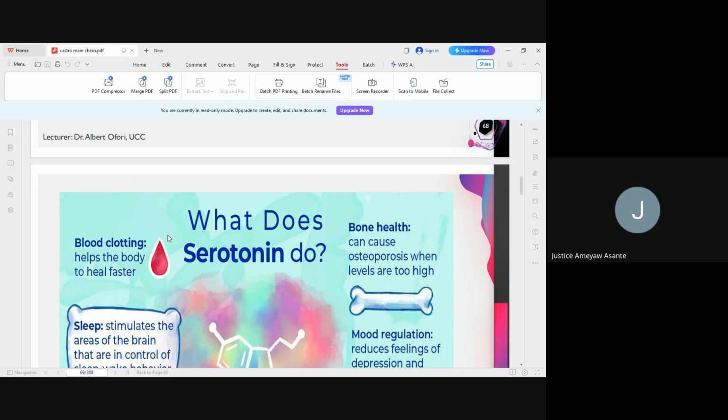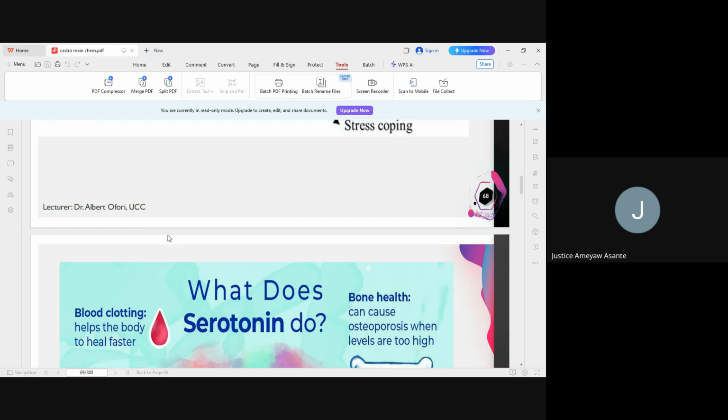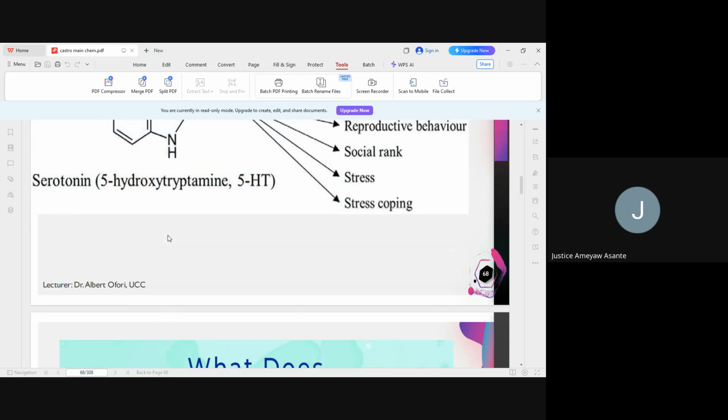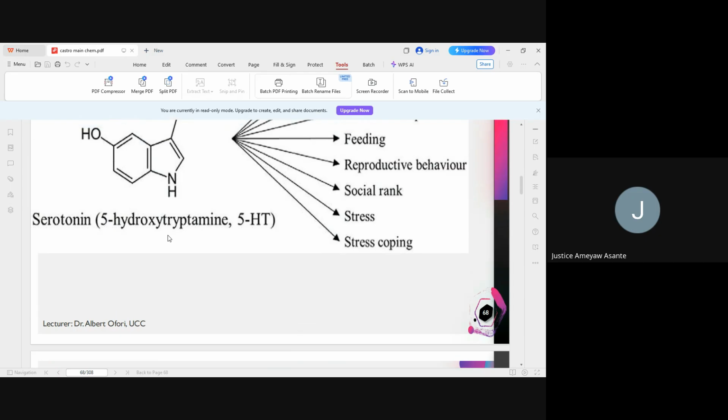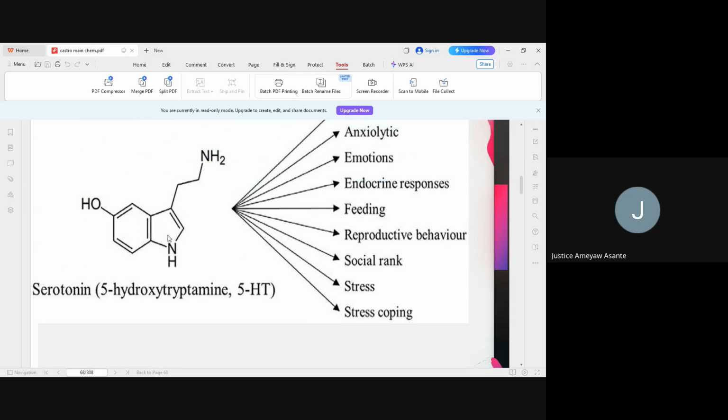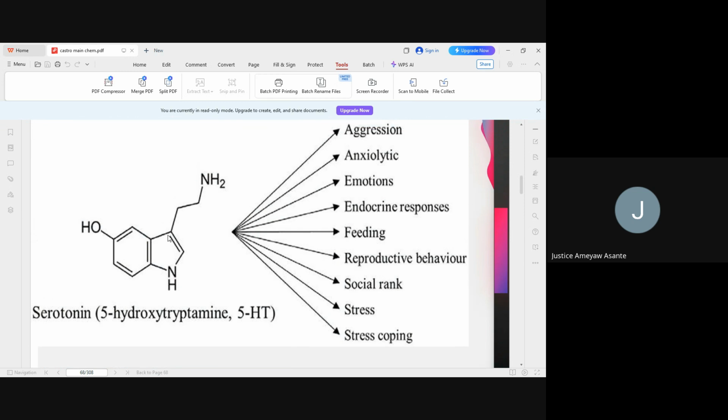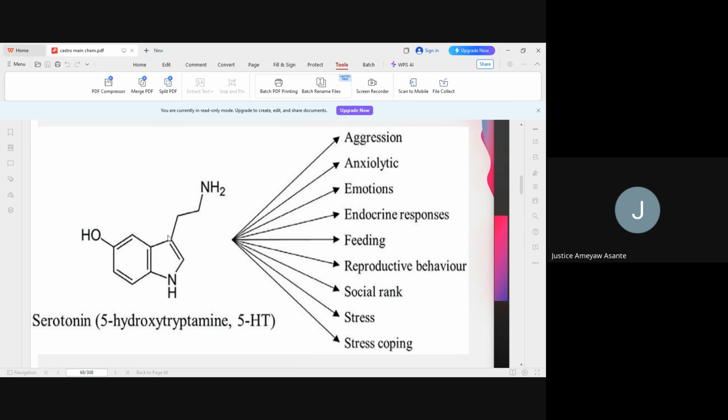But when it becomes excess, it also gives different symptoms or feelings that are not good in the body. One of them is emotions. Some people are too emotional, they cannot stand it. You see that some people are so aggressive.